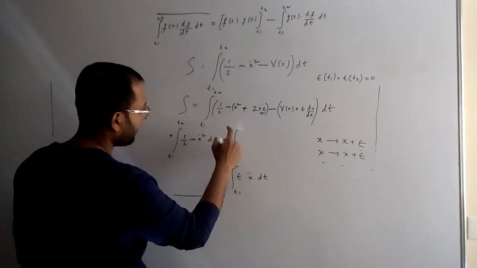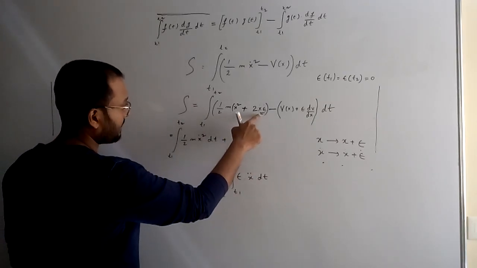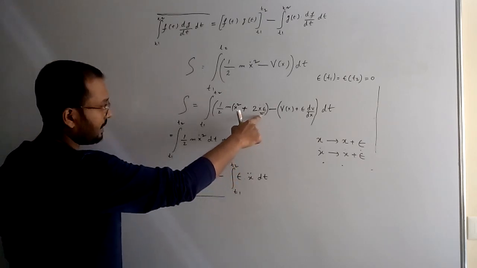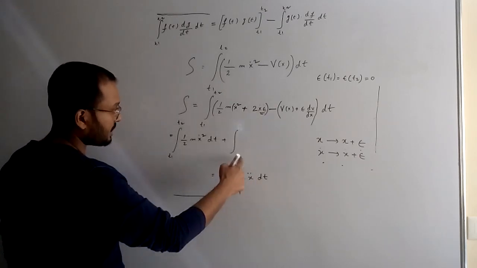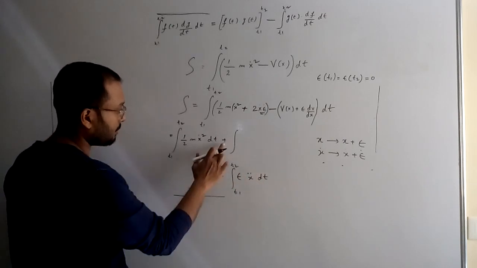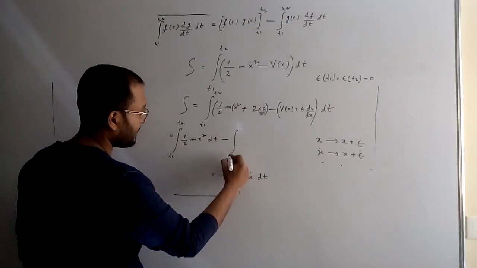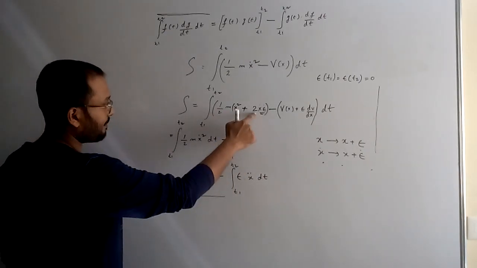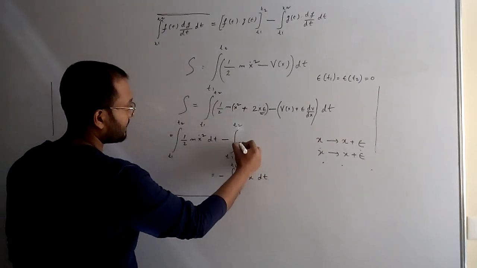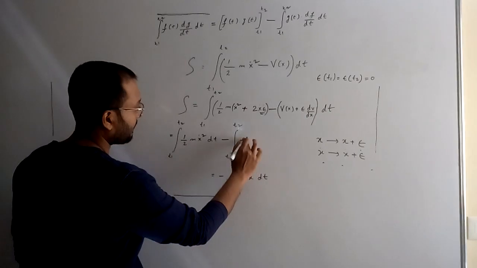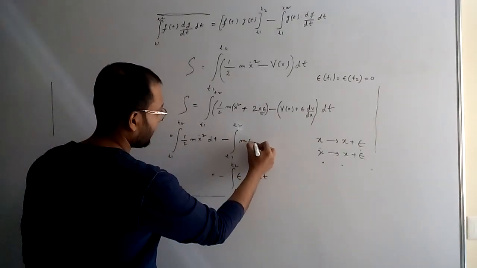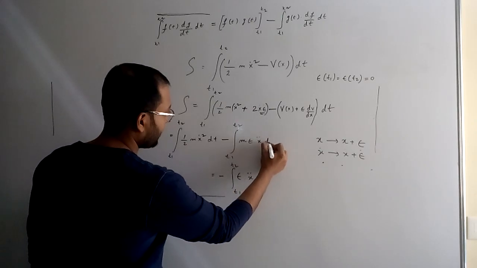The second term, half cancels to x dot epsilon dot dt, but x dot epsilon dot is this. Integration of x dot epsilon dot is this. So I get a minus sign outside. The limits are of course t1 and t2. I also get an m. So there's an m epsilon times x double dot dt.